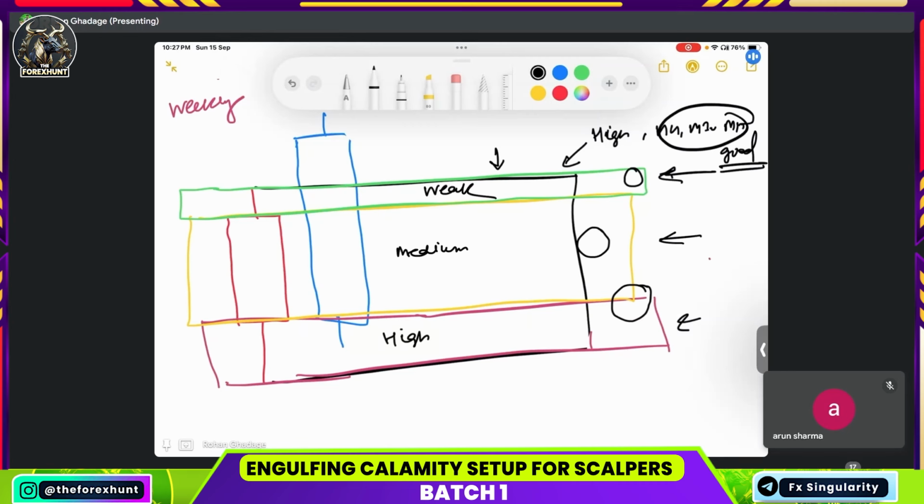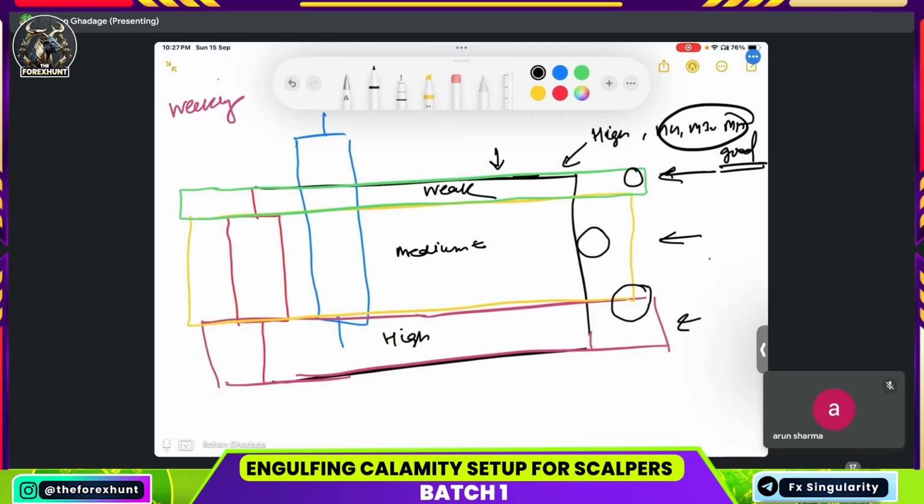I hope you guys are able to understand because you guys have already done so many things from YouTube. That's why. Okay, if this is a weak area and weekly engulfing buy, still you guys can take good quality trades in this proper weak zone. If the market comes into your medium area, then you have to wait for engulfing buy. You have to focus on only engulfing buy in H4 in these areas.